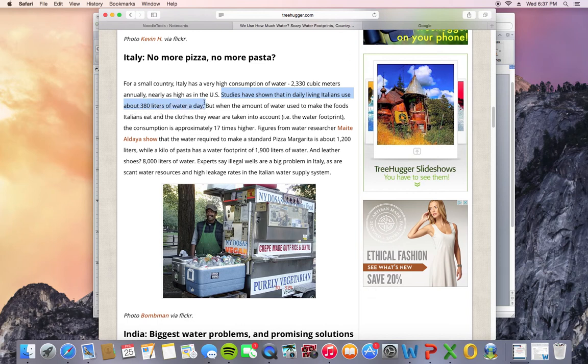This is great. This is showing how much water is being used in other places around the world. But where are these studies coming from? Experts say illegal wells are a big problem in Italy, as are scant water resources and high leakage rates in the Italian water supply system.